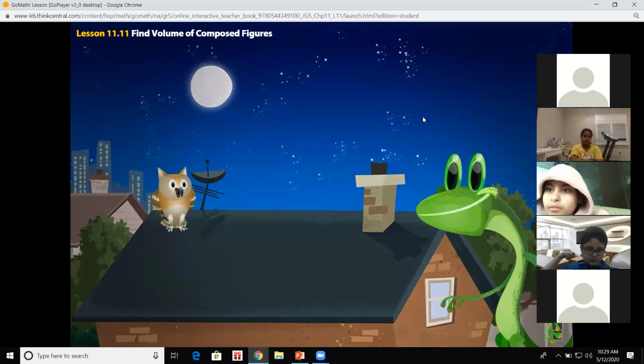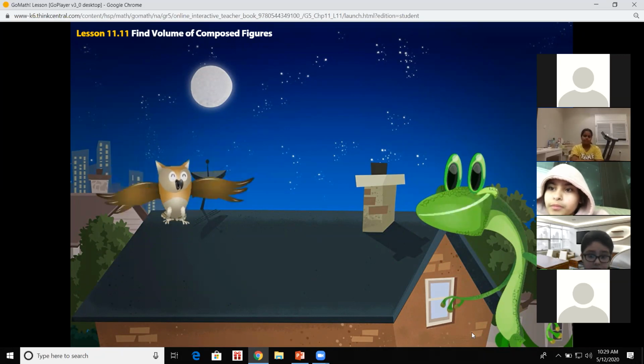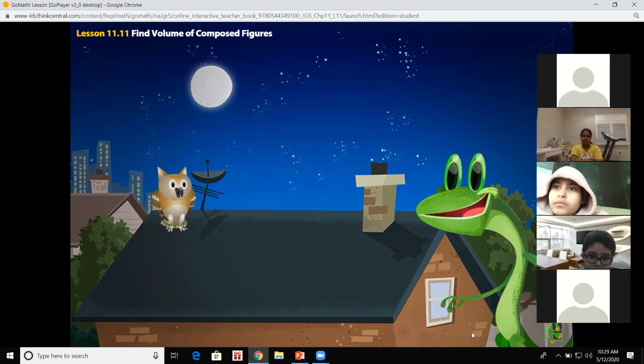Hey there. It certainly has been hot lately. So hot, in fact, our neighbors over here have decided to build a swimming pool. We are so excited. Ojai is watching the pool fill with water. Let's check with her to find out more about the pool.